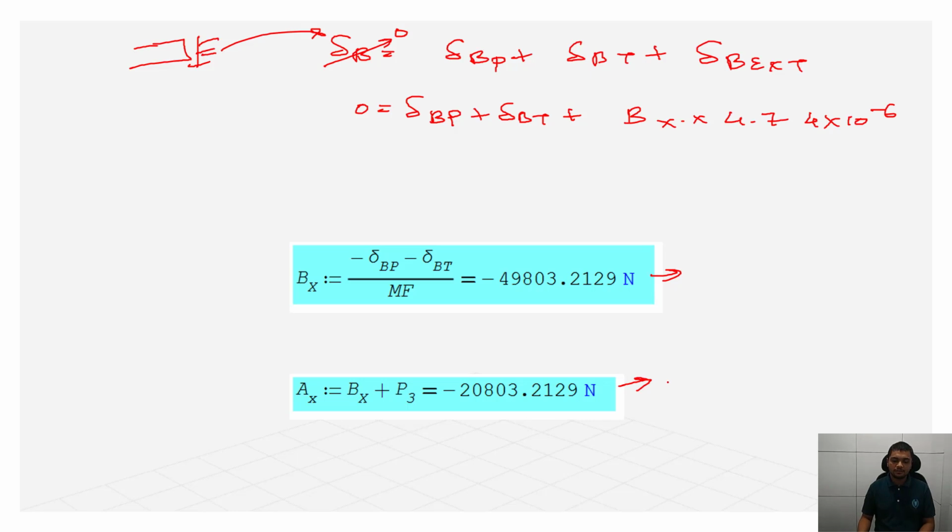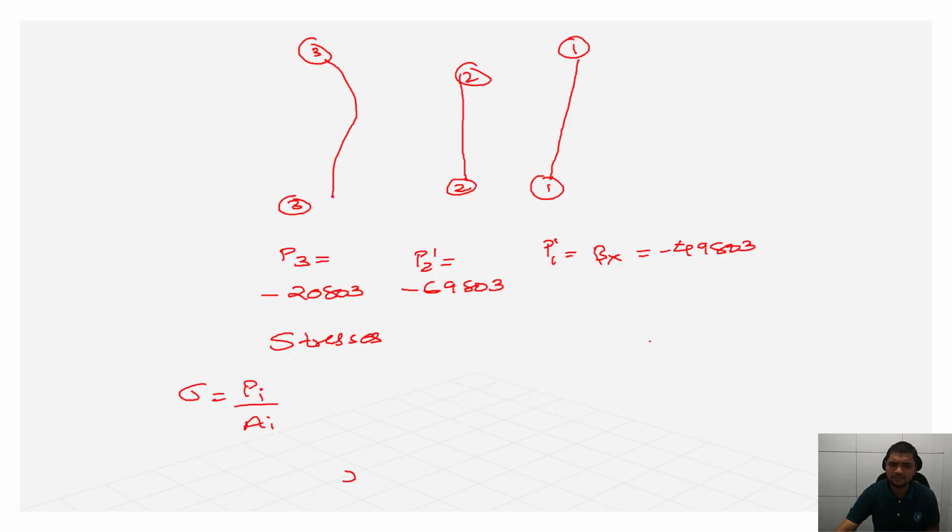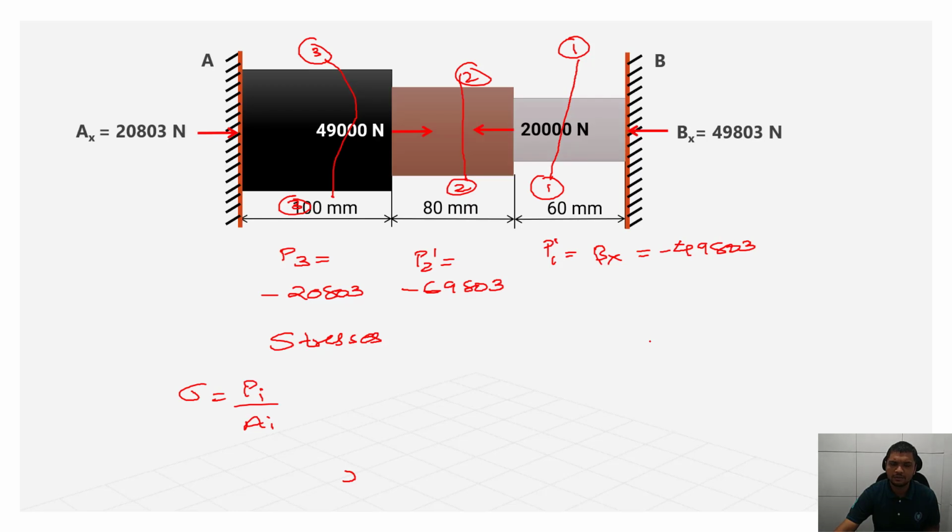Now let's see the stresses. Stress is very simple, it is equal to force per unit area. These are the forces. At the right-hand side of the first point it is only Bx, at the right-hand side of the second point it is Bx minus 22,000, which comes to minus 69,000, and at the right-hand side of P3 it is minus 20,000.